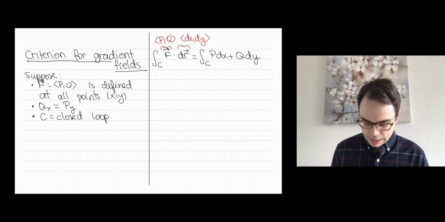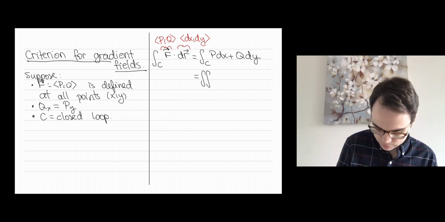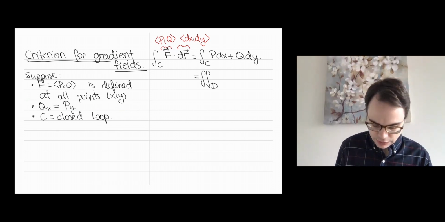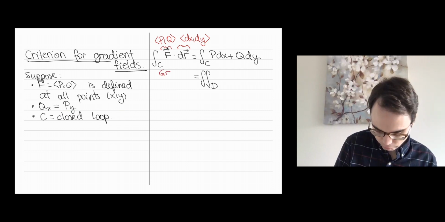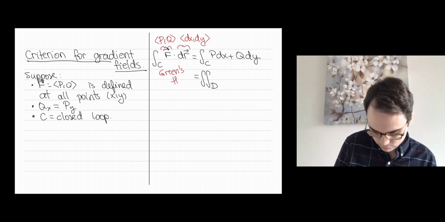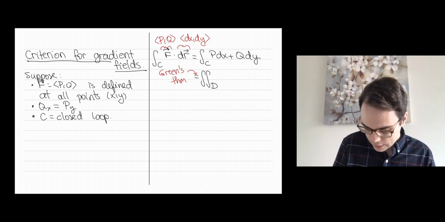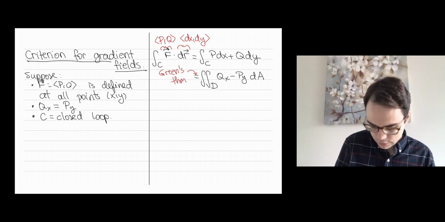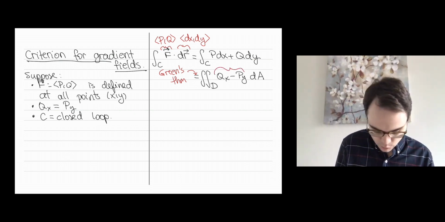All right, now let's use Green's theorem. By Green's theorem, this is the double integral over the region inside C of the x partial of Q minus the y partial of P. Now by assumption number 2, Q sub x minus P sub y is 0.